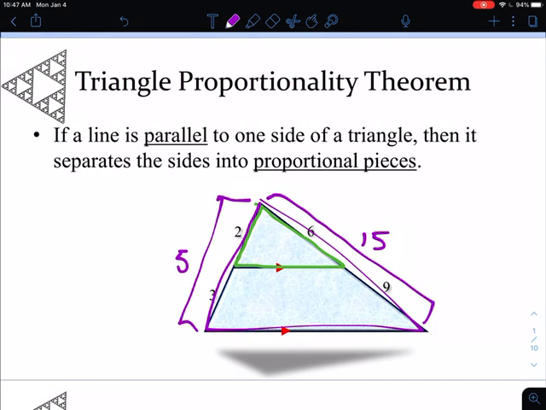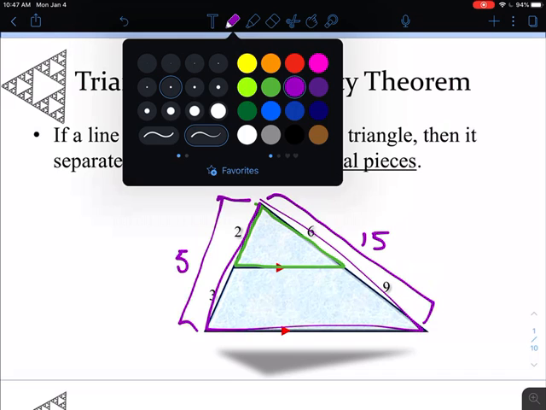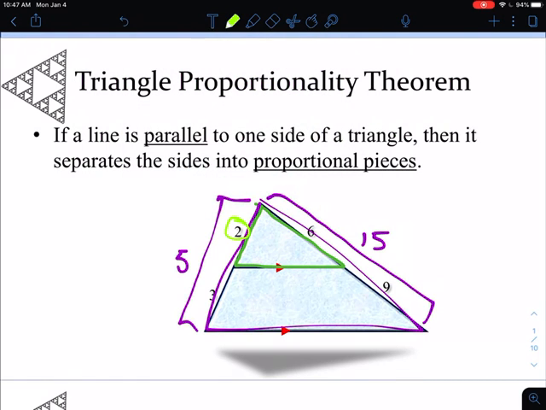Well, if I look at that, what should be happening here is the small triangle. So if I look at my small triangle here, it was 2, compared to the big triangle 5, so 2 over 5, which would be 0.4 if I plug it in my calculator, should be the same as if I take the other side, 6 over the entire length, 15.